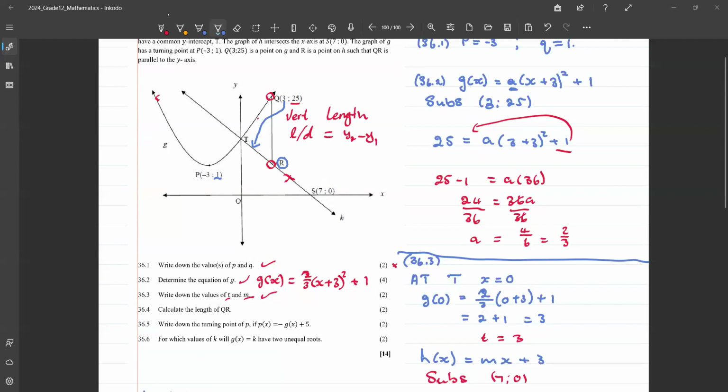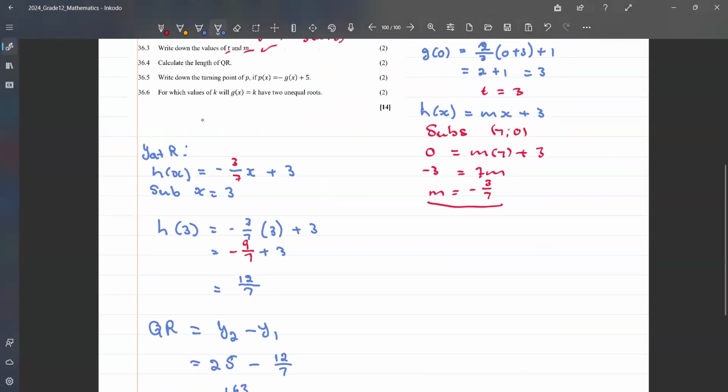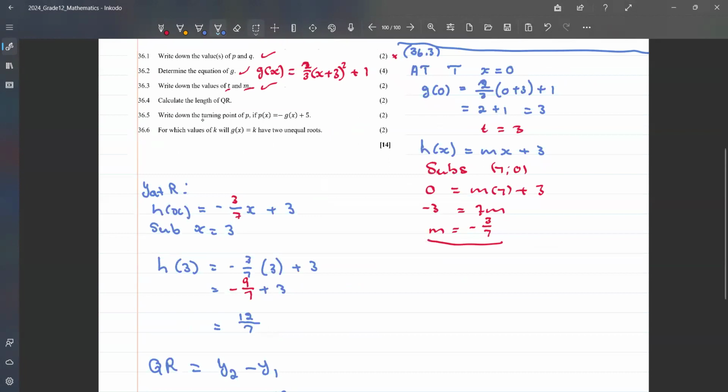So because this is a transformation question, you need to understand what transformation took place from G to get P. So the question is what transformation took place?